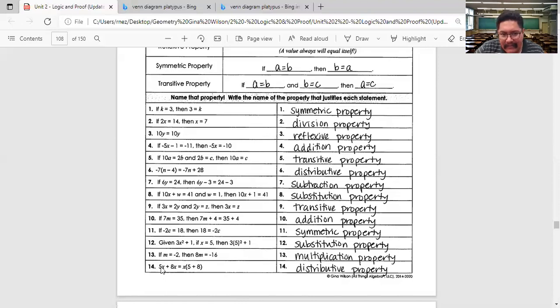So the backwards here, 5x plus 8x. Well, isn't it normally the other way? Aren't we going x times 5 and x times 8 to get something like that? Now, it is backwards. Again, it's going backwards. But it would still count as distributive property.